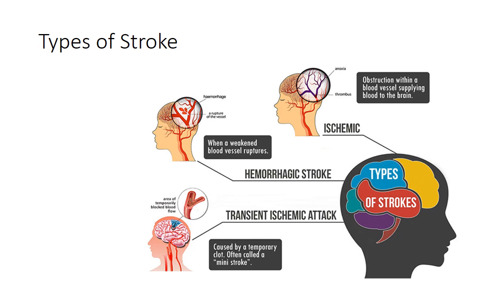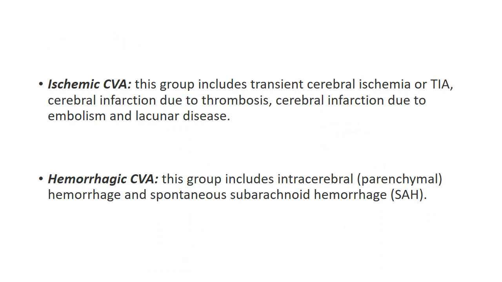Or for that matter, there may be a transient ischemic attack. What is that? This is caused by a temporary clot which often blocks the vessel, and this results in what is called a mini stroke.